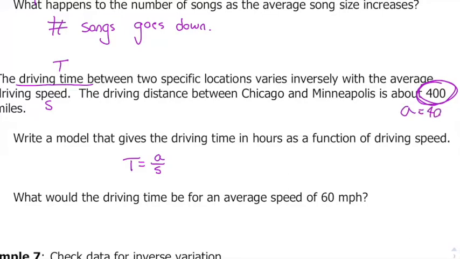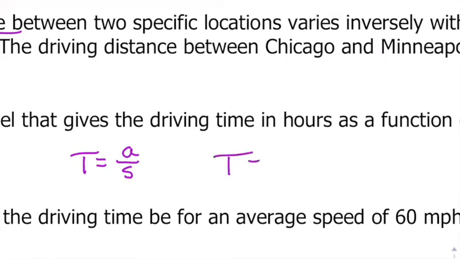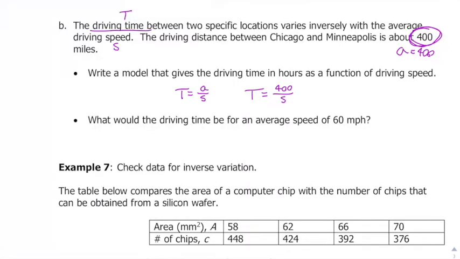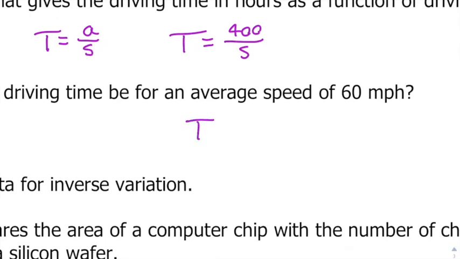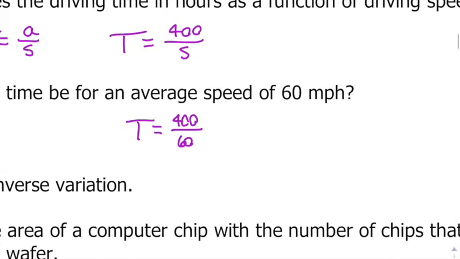They gave our A value to us. A is 400. So we're going to do T equals 400 divided by S. So what would be the driving time for an average speed of 60 miles an hour? I'm just going to plug in 60 miles an hour into the speed, and we're going to figure out how much time it takes.